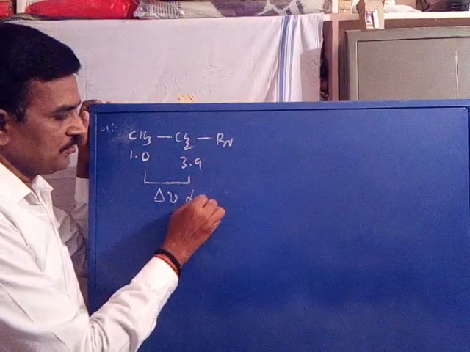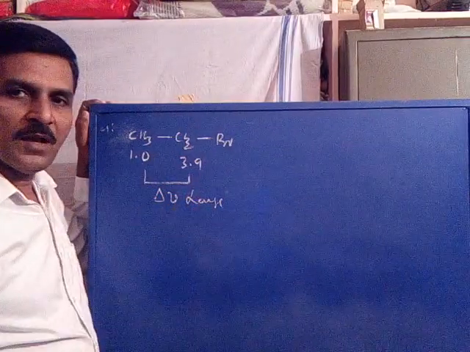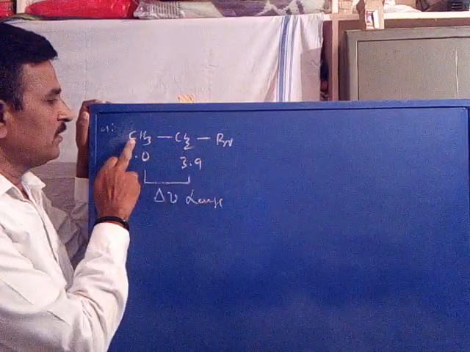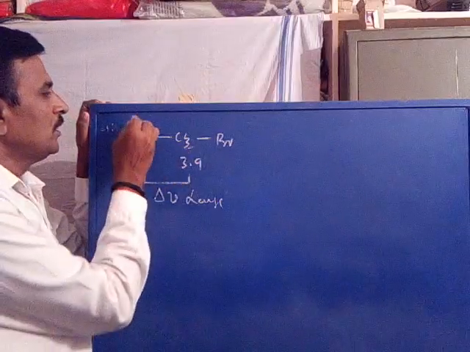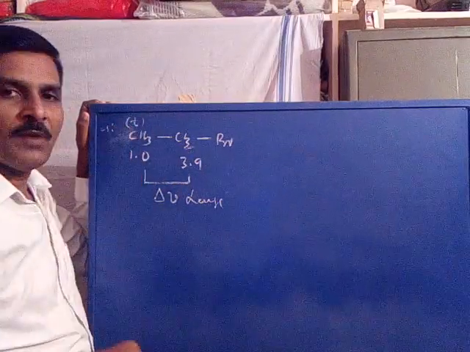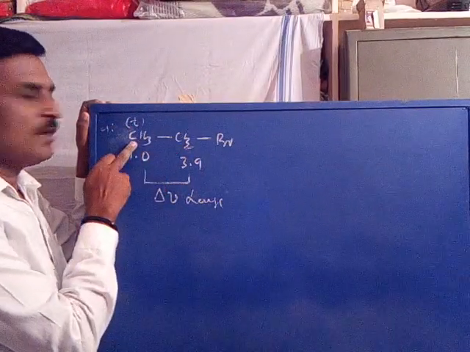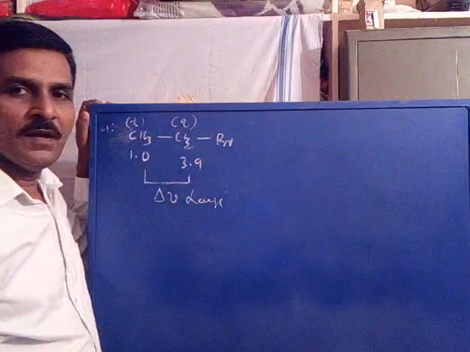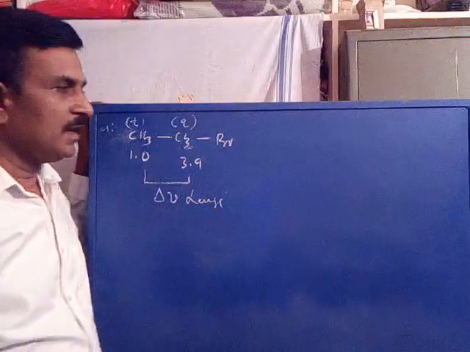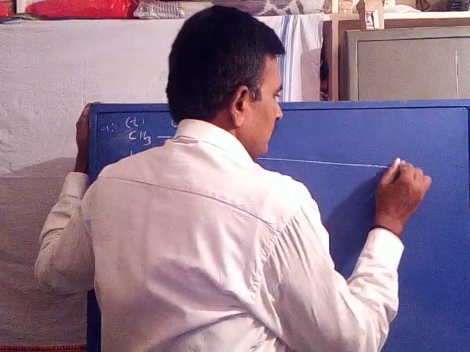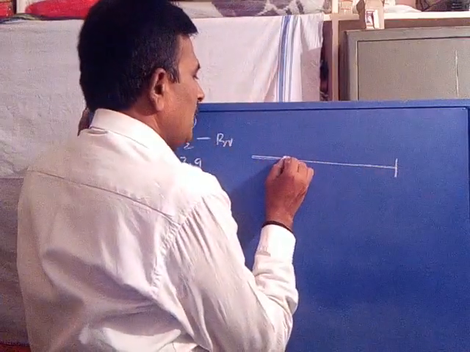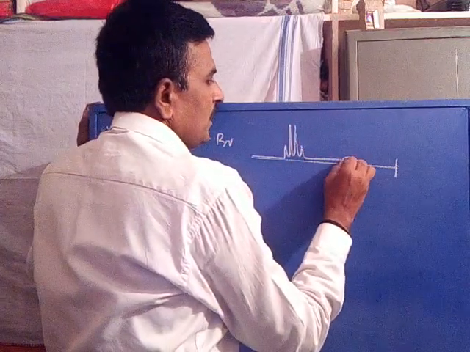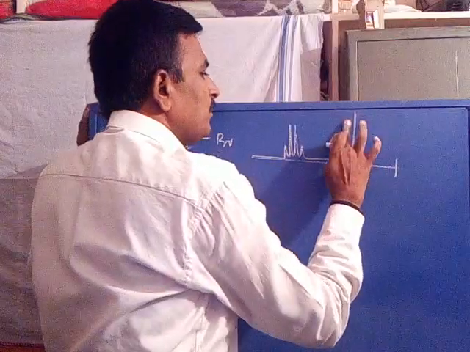Delta nu is large. Now CH3 and CH2 are both in coupling. When CH3 is coupled with CH2, it appears as a triplet, 1 plus 2. CH2 when coupled with CH3, 1 plus 3, appears as a quartet. A quartet signal for the CH2 protons, a triplet signal for the CH3 protons.